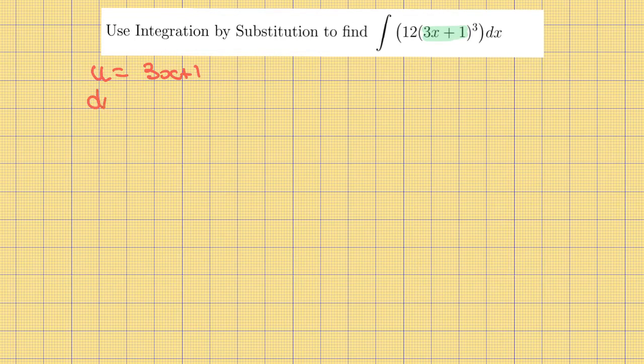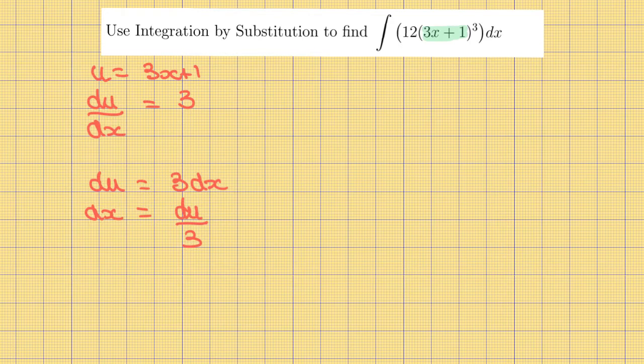Differentiate, so we get du over dx equals 3. Rearrange to find dx, so we get du equals 3 dx. So dx is equal to du over 3.